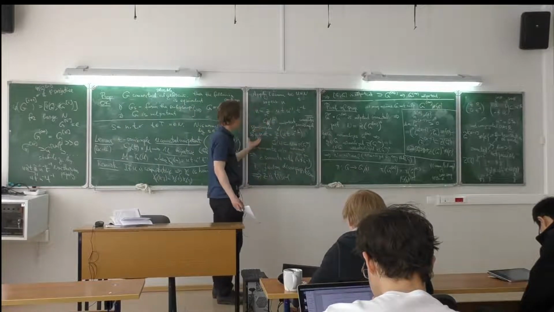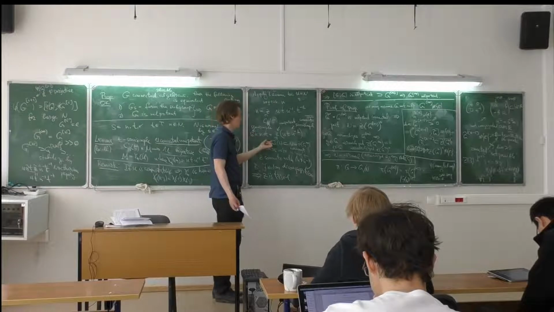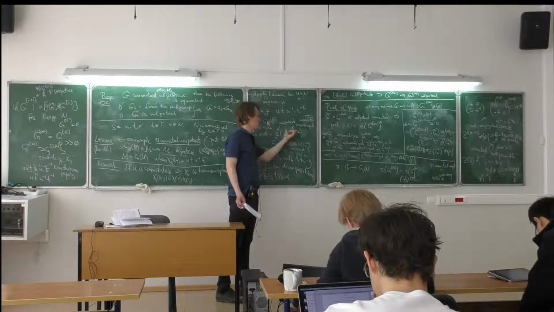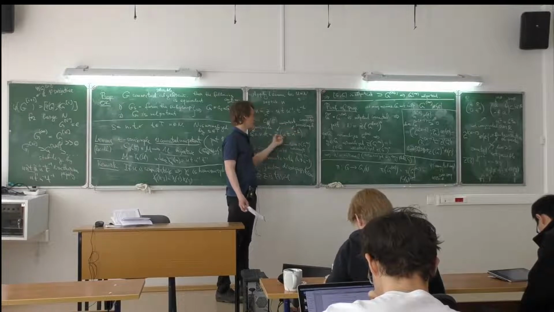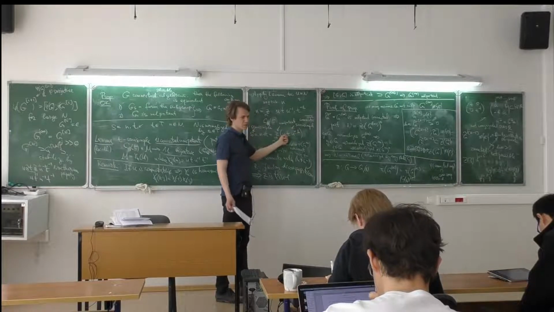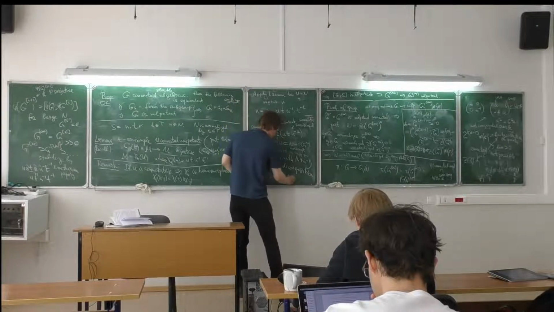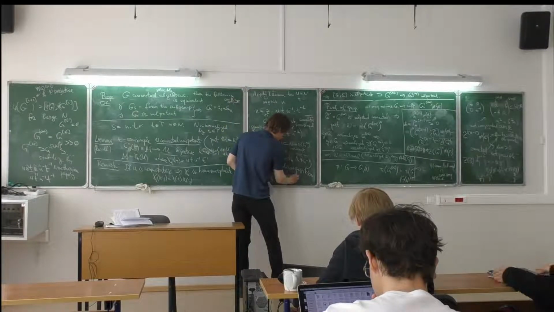So what we have so far, this is a semi-simple element. This is a product of unipotent and semi-simple. They commute, so by Jordan decomposition, this is the Jordan decomposition of a semi-simple element. This means that Z is the identity element.